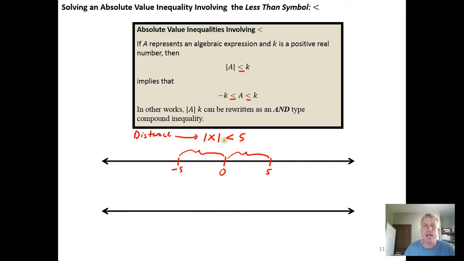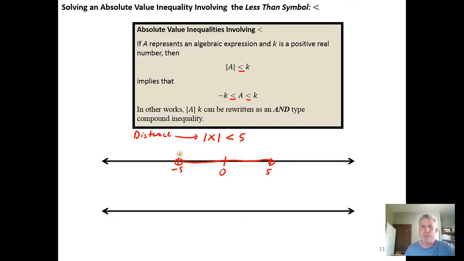So it turns out that because we don't have the equality symbol on the 5, we put 2 open circles on the 5s because those are our bounding numbers. And when we're working through these types of problems, it's always a question: do the solutions live to the right and the left of the bounding numbers, or do they live between the bounding numbers? And in this case, to be less than 5 units away from 0, I have to live between the bounding numbers -5 and 5.